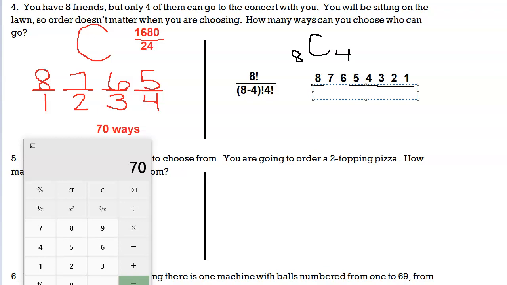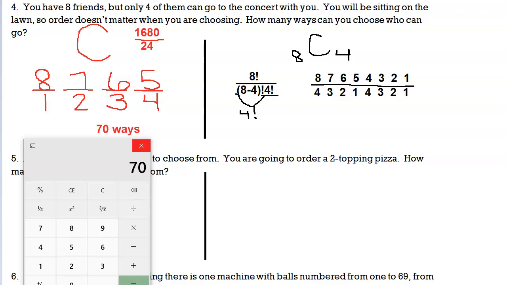Now, on your calculator, you could do all that, but again, I want to show you how these are related to each other. 8 minus 4 is 4, so we could just do 4 factorial, but then there's another 4 factorial in the formula. So basically, this works out to 4 factorial, and then this is another 4 factorial that's already there.